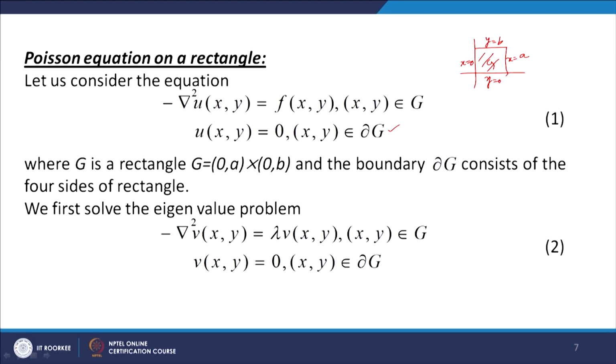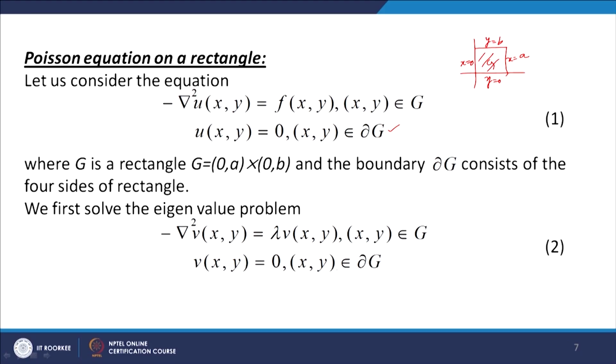Now first we will solve the eigenvalue problem minus del square v x y equal to lambda v x y, where x y belongs to G, and we will consider the Dirichlet boundary conditions, that is v takes value 0 on the boundary of G, that is on the 4 sides.